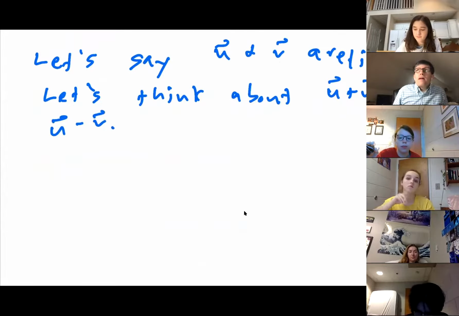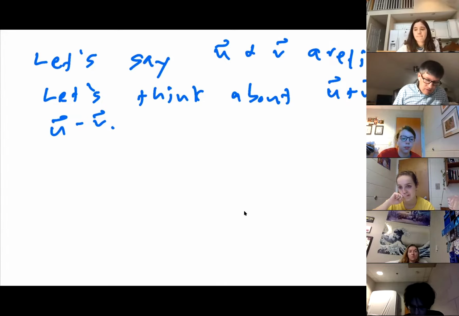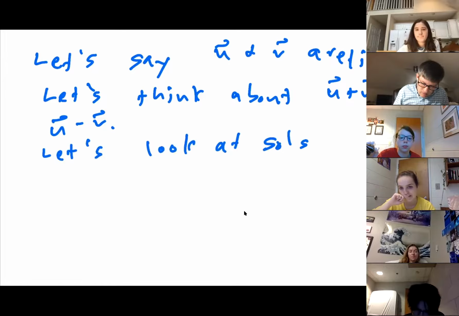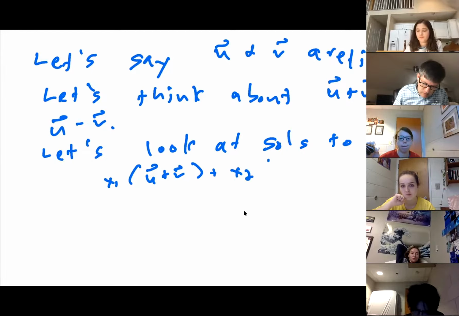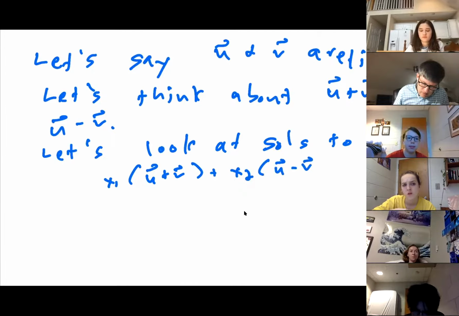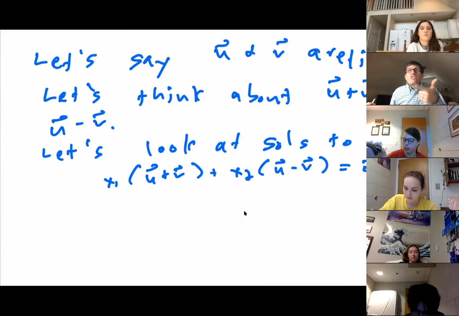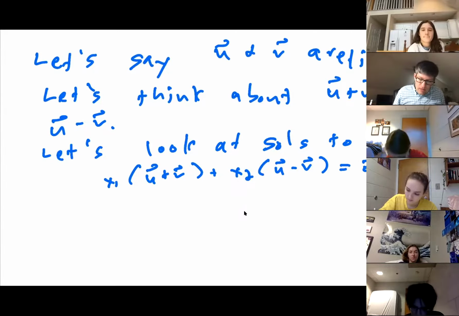So I need to think about the definition of linear independence, which has to do with solutions to an equation that looks like this: values for x1 and x2 that give this.